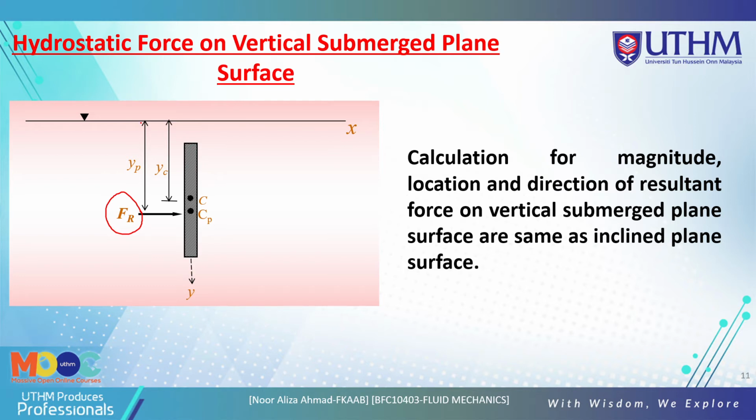So they have YP and YC. This is based on a vertical submerged surface, so the hydrostatic force or force resistance. You can use hydrostatic force or force resistance; it is the same concept, the same meaning.